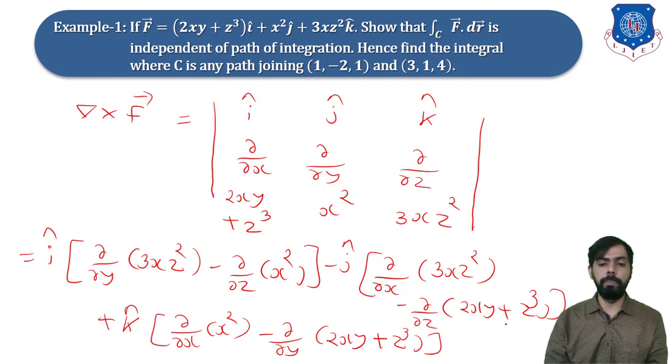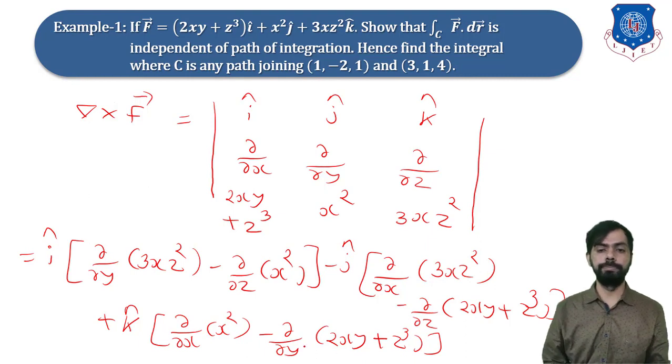Now if we take partial differentiation of x square with respect to x, it will be 2x, and partial differentiation of 2xy plus z cube with respect to y will be 2x because the derivative of y with respect to y is 1 and the derivative of z cube is 0 because z is a constant.